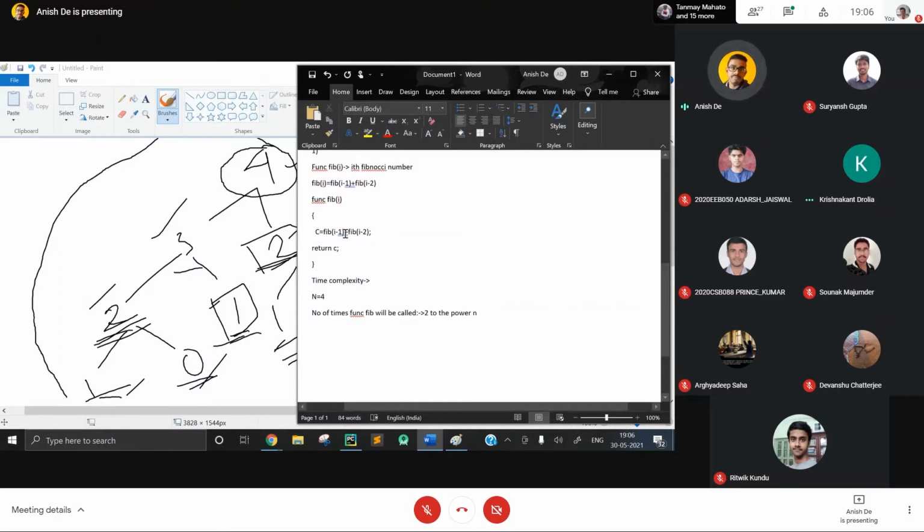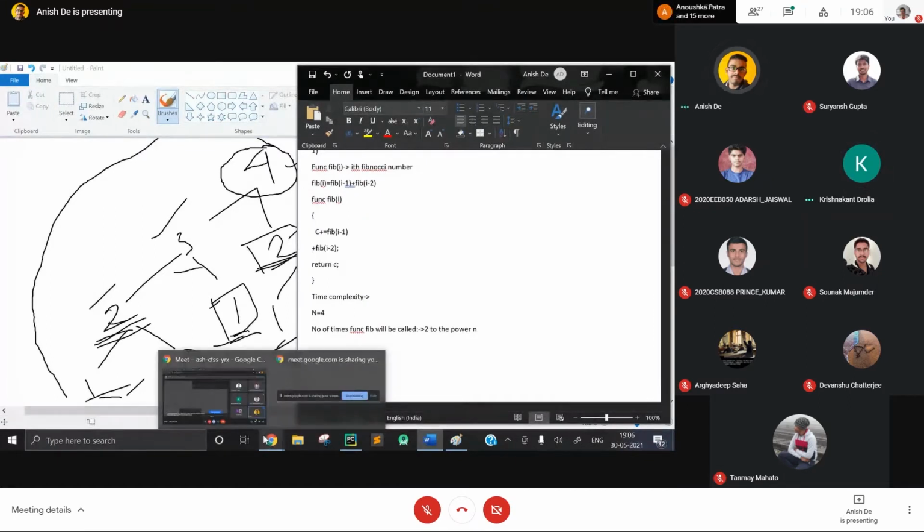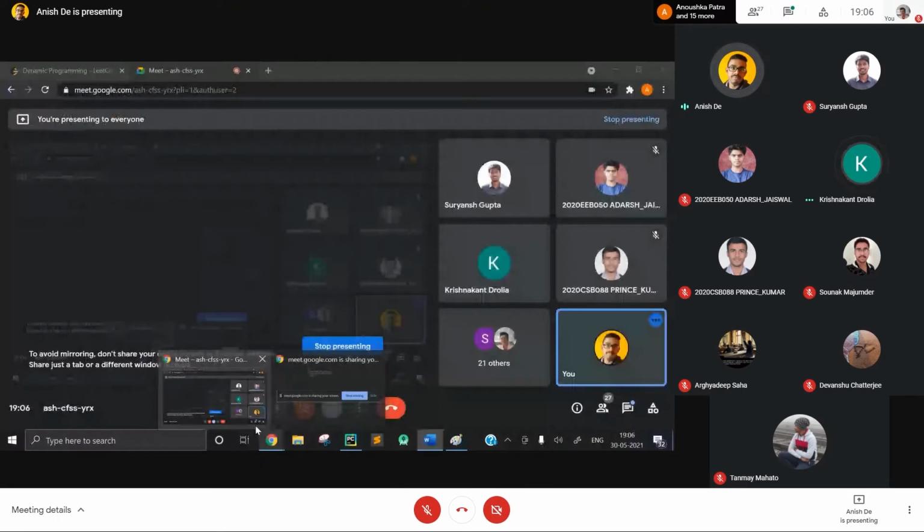So earlier we declare c and then add it recursively. Will it work? Write the function and give it in the chat box, or you can present.